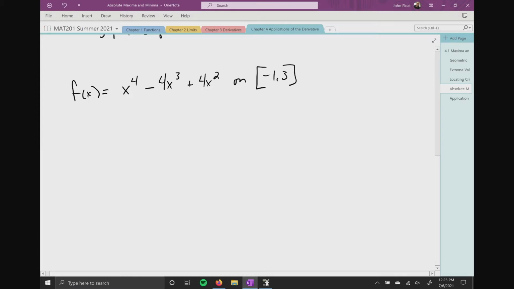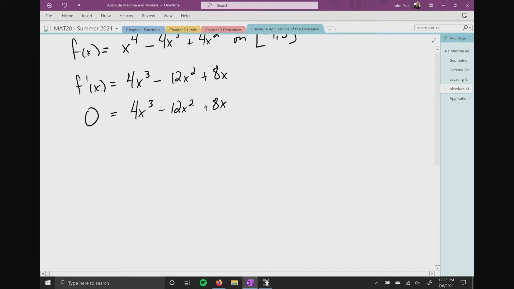So once again, we find our derivative: 4x to the 3rd minus 12x squared plus 8x. And we set this equal to 0. And the fun part, it's all algebra from here.